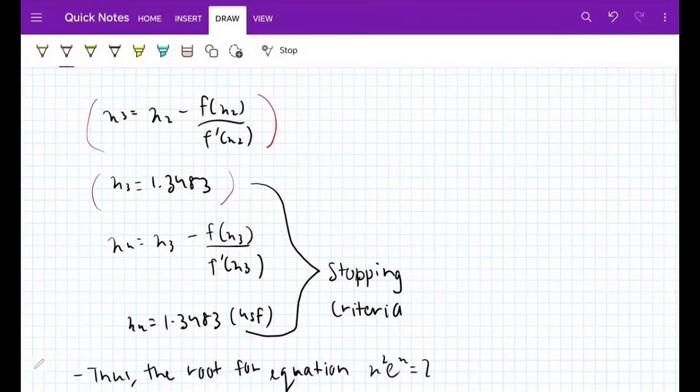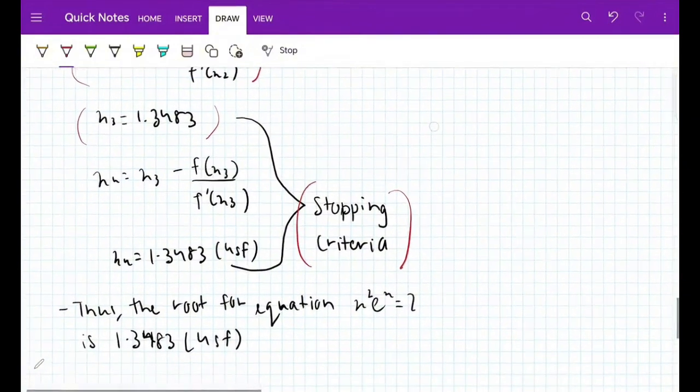So we've got x3 equals 1.3489, and it's not the same. And then we substitute it again and we get x4. So x4 is equal to this x3. So once we get two x values that are the same, that is our stopping criteria. In other words, that is the root of our equation.